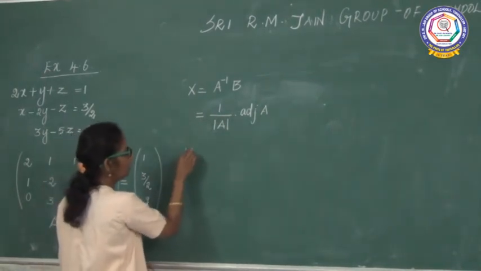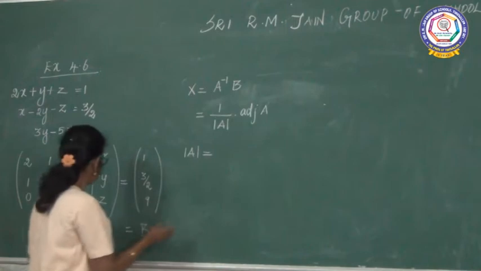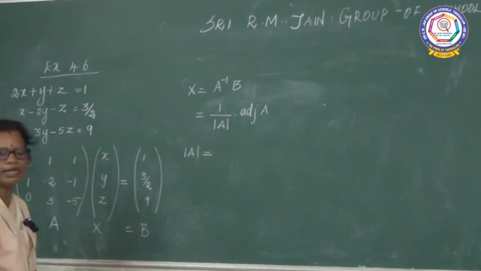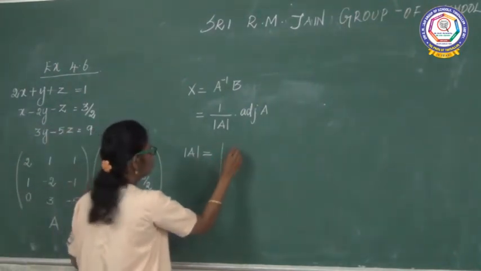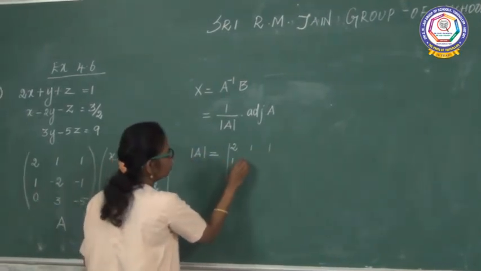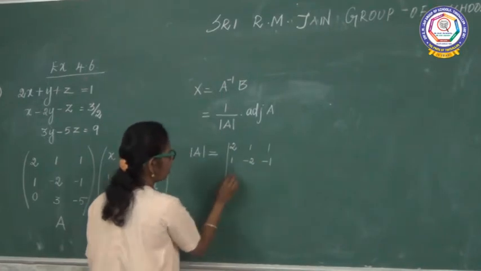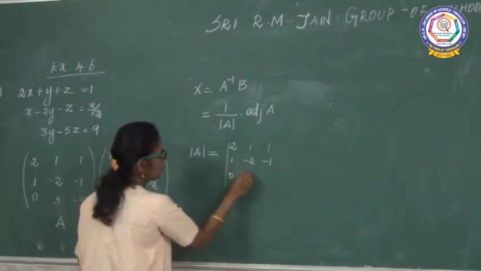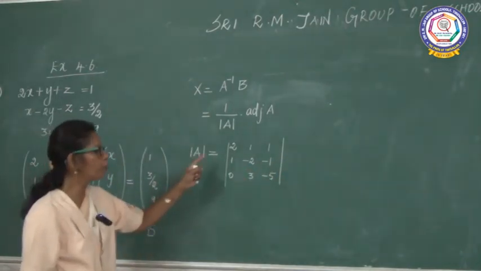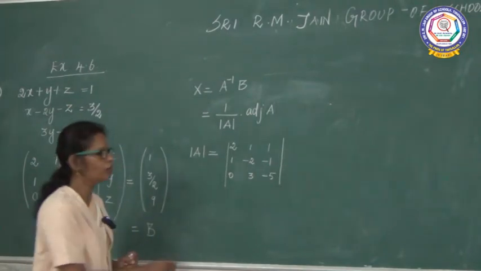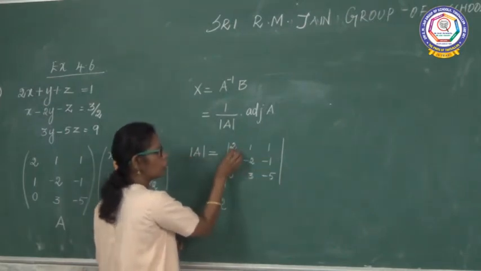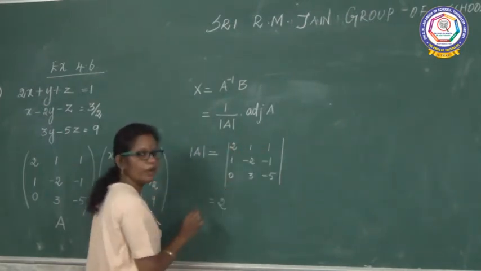Determinant A equal to, here the matrix is in the form of 3 by 3, that I am going to transfer into the determinant: 2, 1, 1; 1, minus 2, minus 1; 0, 3, minus 5. You have to listen carefully how I get the value of the determinant. 2 into, when you select the element, the row and column should be deleted.